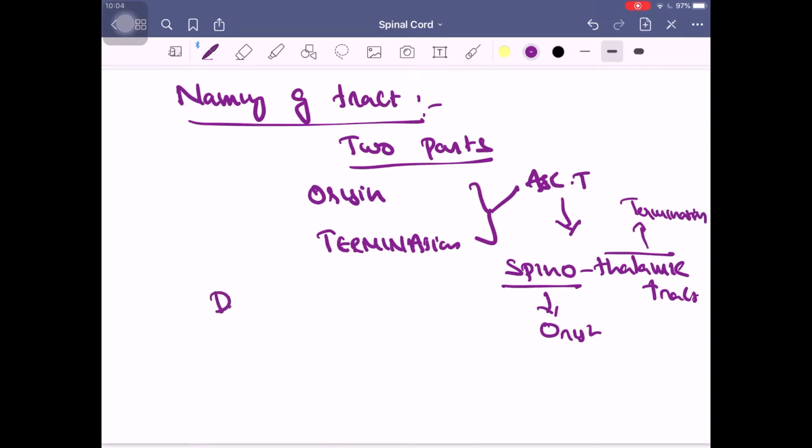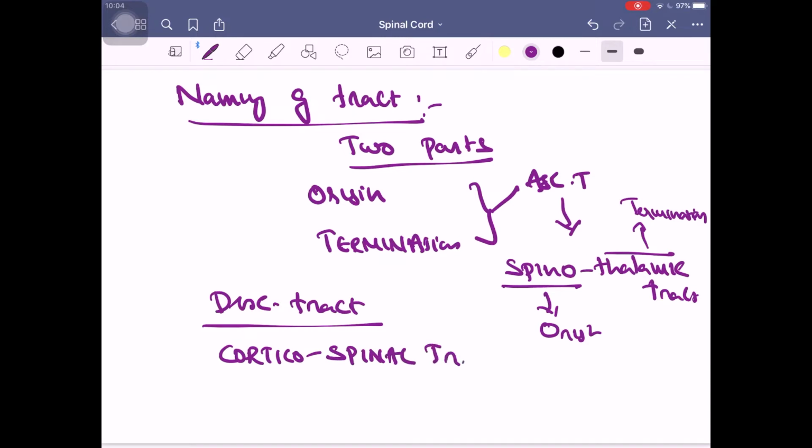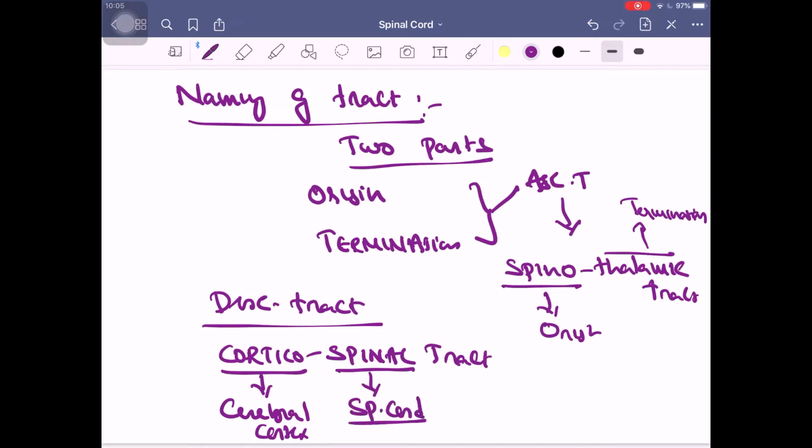Now if we take an example of a descending tract, the tracts which are coming down, your famous example is the corticospinal tract. Here also the first word is your origin. So cortico, it is taking origin from the cerebral cortex, and it is terminating in the spinal cord, on the anterior horn cell of the spinal cord.